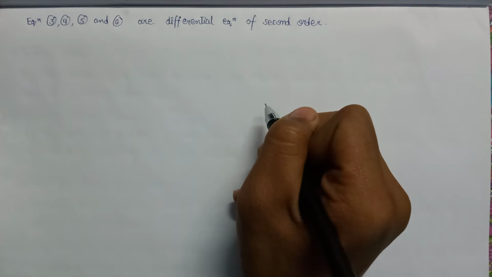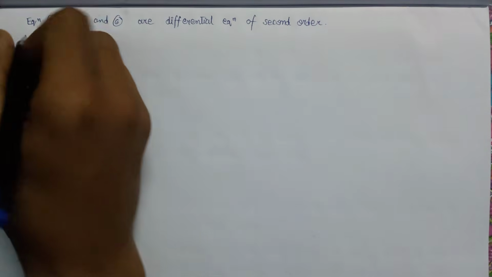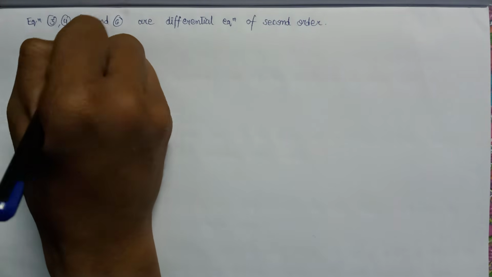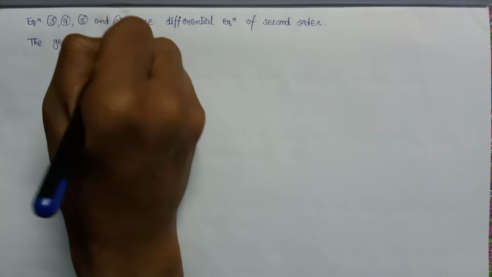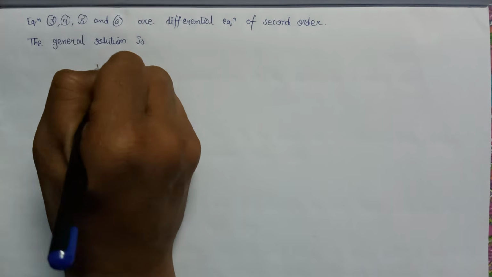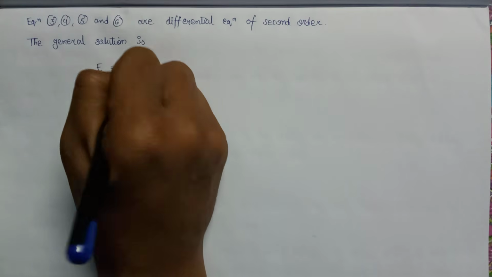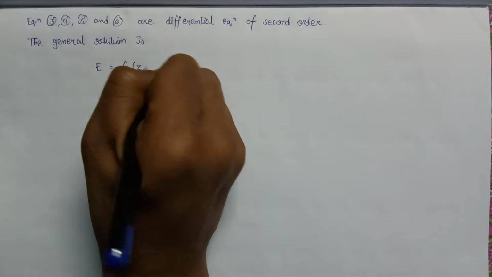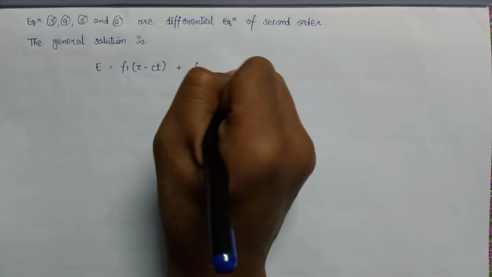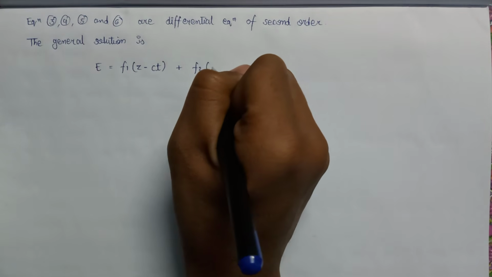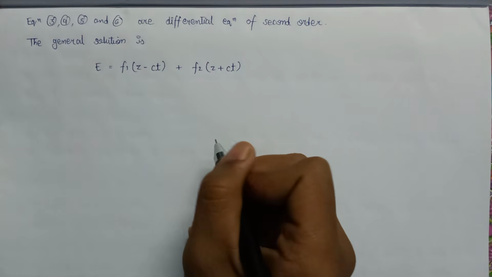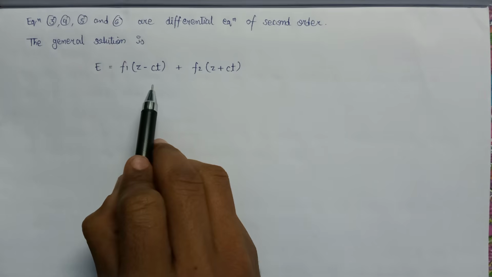And the general solution for such differential equations is given as E equals F1 of (z minus ct) plus F2 of (z plus ct). So this is the general solution for these differential equations.